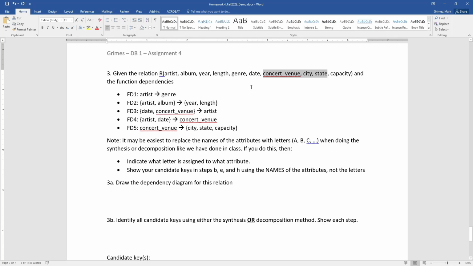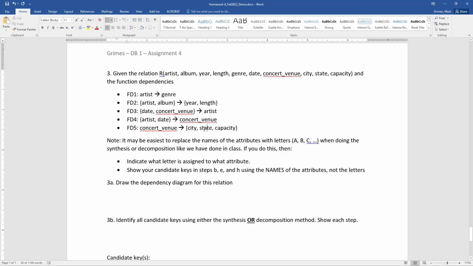So this concert is going to be associated with a particular album that they are touring to promote.